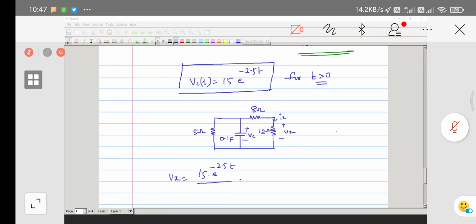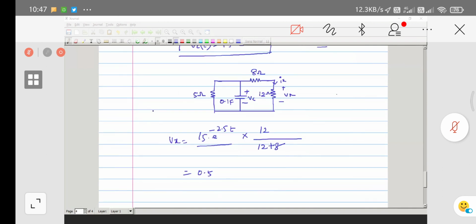And now what is the current flowing through this one? The current Ix is given by Vx by 12. That is 9 e to the power of minus 2.5 t by 12. Here you can get 0.75 e to the power of minus 2.5 t. Or you can get Ix is given by Vc of t by 8 plus 12.